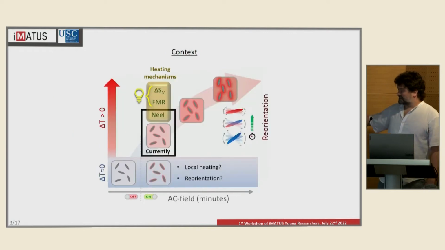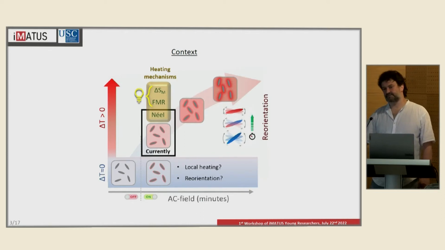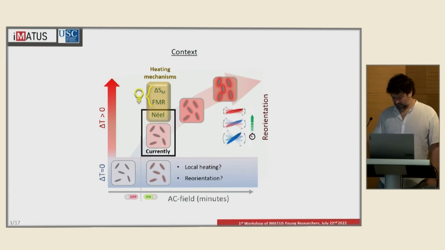And the context is that currently, as I show, there is the view in this field that you apply an AC field and there is a heating, and that's the characterization of the system. But that's not true, because we know there are some experiments showing damage on cells without global temperature increase, so that is a problem to characterize.